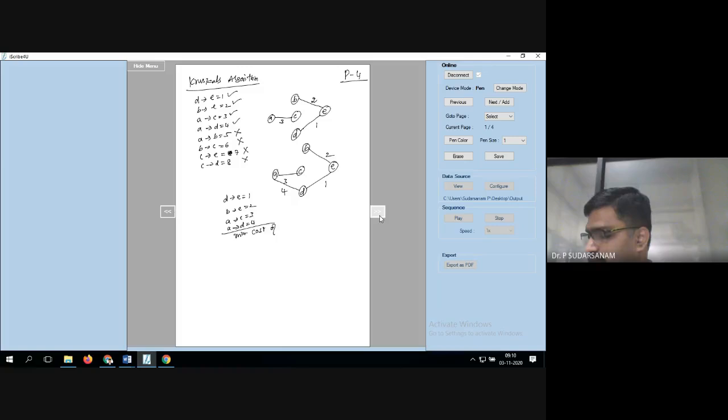Minimum cost of spanning tree is nothing but how much? 10. Now the same Dijkstra's algorithm also. Same Dijkstra's. Are you following?